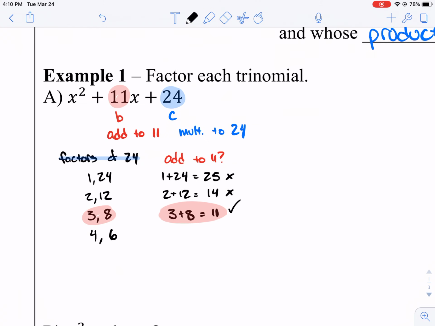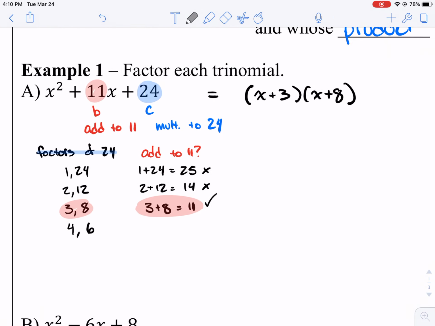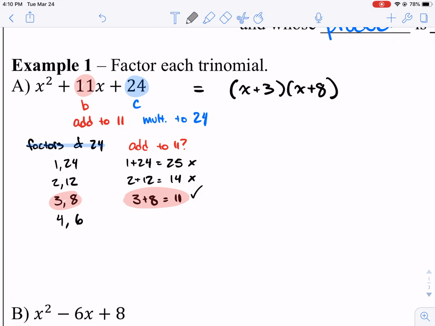Now that means that's equal to x plus 3 times x plus 8. And that's how we factor a trinomial. Let's test it to see if we did this correctly. I'm going to distribute x to my second parentheses, and I'm going to distribute 3 to my second parentheses.